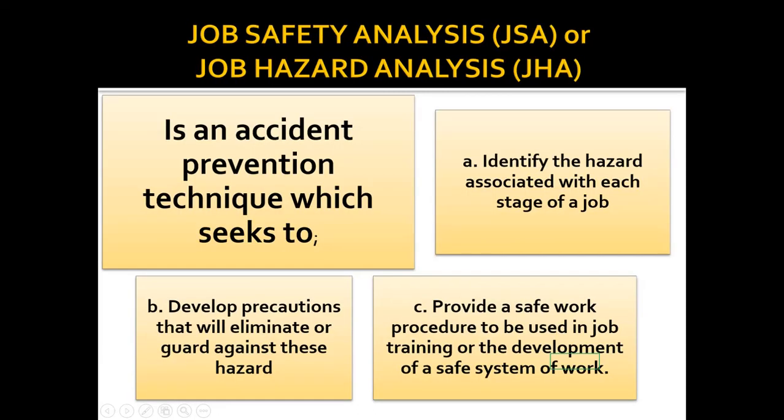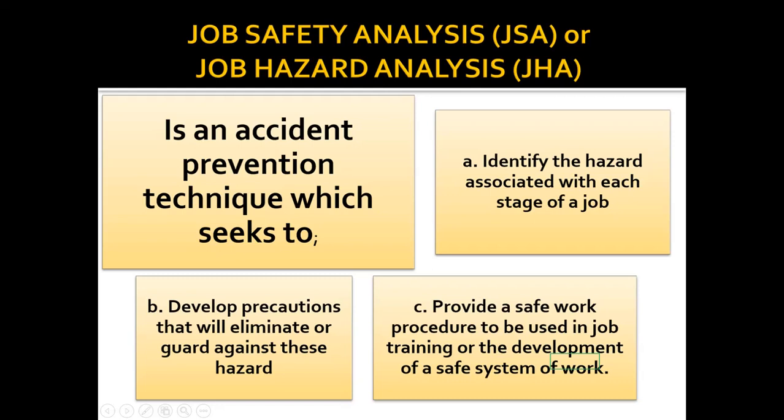And for the job safety analysis, JSA or job hazards analysis, it is an accident prevention technique which seeks to identify the hazard associated with each stage of a job. B is to develop precautions that will eliminate or guard against this hazard.